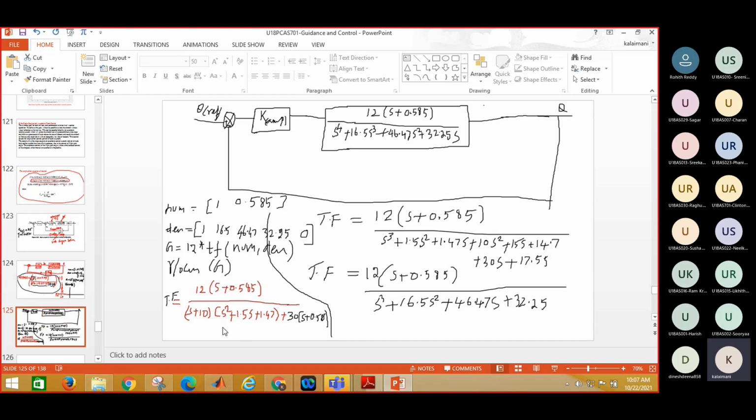We will get 10 s square, then 1.5 s square, and here 1.5 s square, here 10 s square is there, so we will get 11.5 s square.